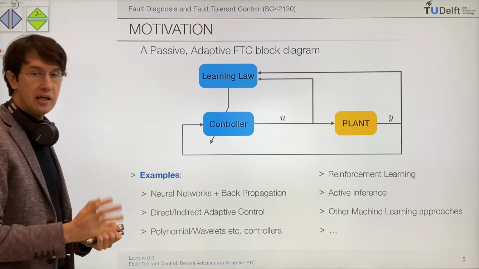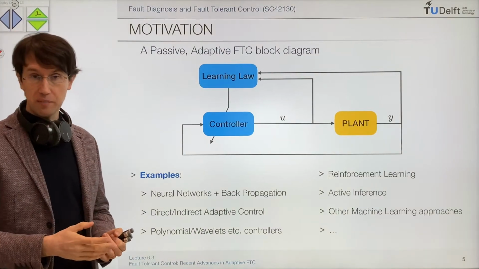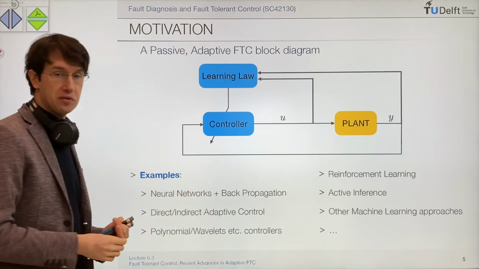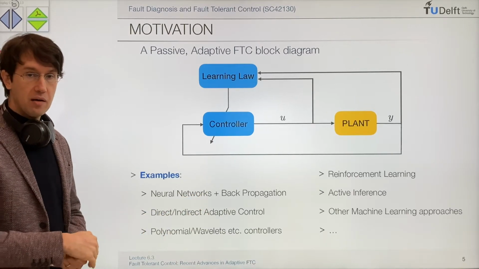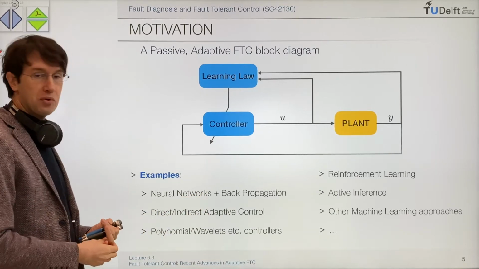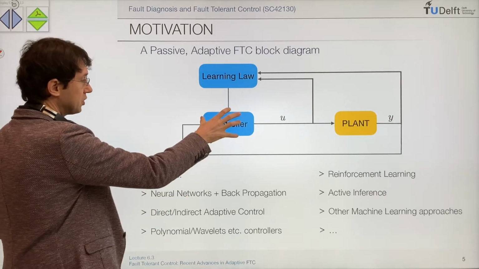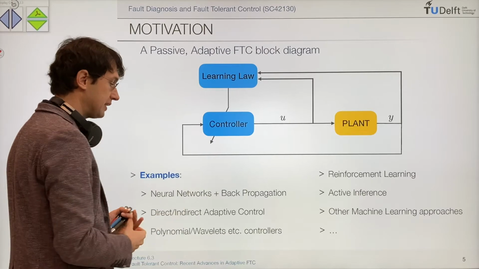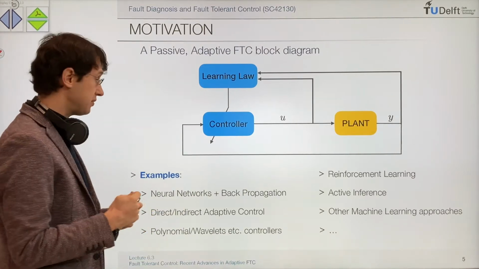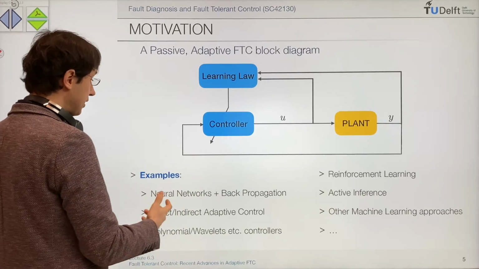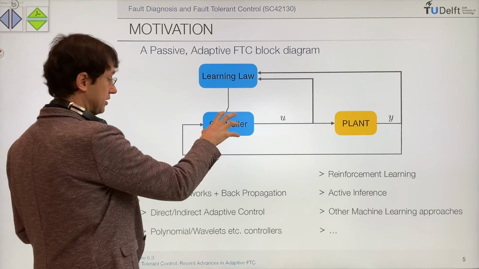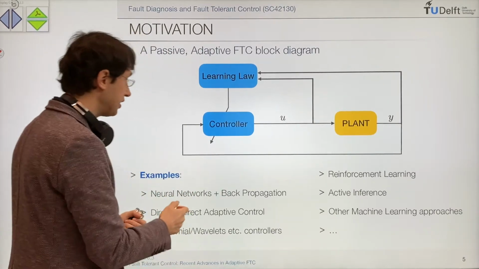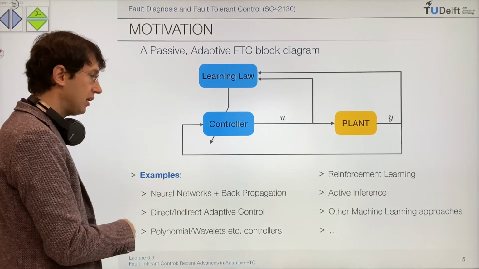So if you followed some courses on adaptive control, you know that you have direct and indirect adaptive control methods. But you have also other approaches like having a controller that has a polynomial function of a wavelet network that you tune based on data online, or similarly, you can have a controller based on a neural network that you tune online using backpropagation or gradient descent.